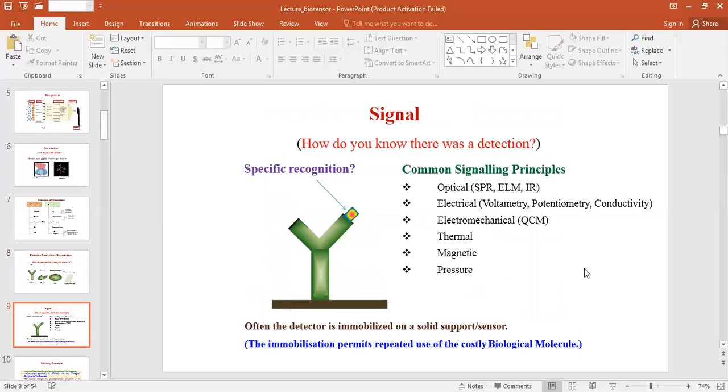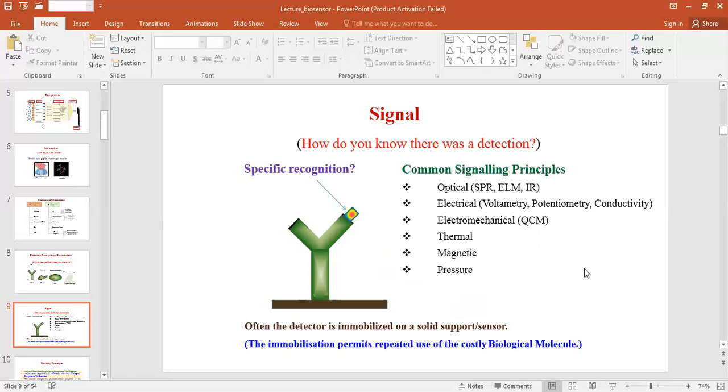Next, I'm coming to the signal part. Means how you can detect what type of interaction has happened. So here, a specific recognition system should be there because the detectors are often immobilized onto a solid surface. So under these immobilized conditions, it would sufficiently detect the biological molecule that is present in very trace amount, very minute quantity in the form of an analyte.